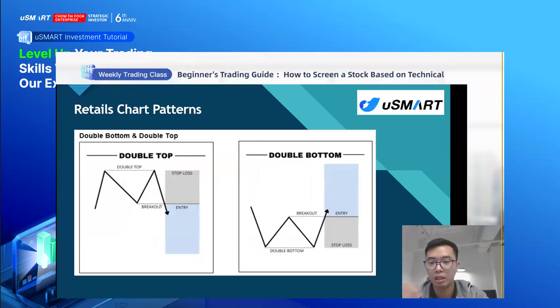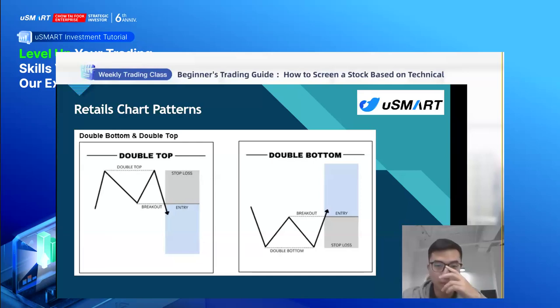So next, the famous technical analysis we use is chart patterns. I call these retail chart patterns. Retail chart patterns are mostly traded by the majority of traders out there.